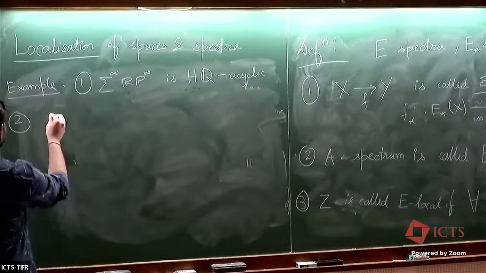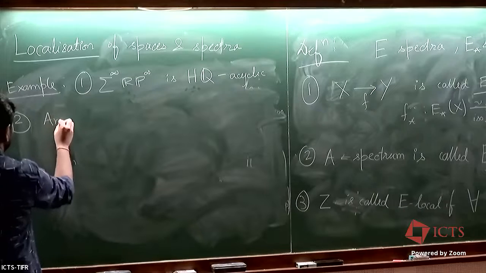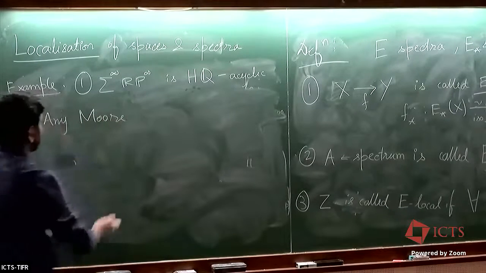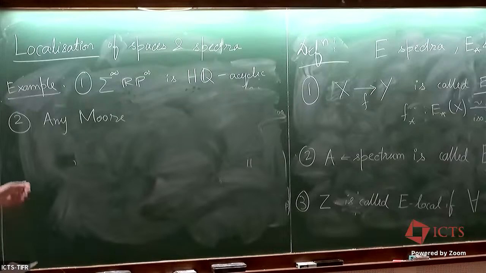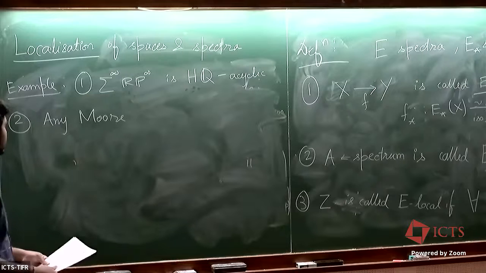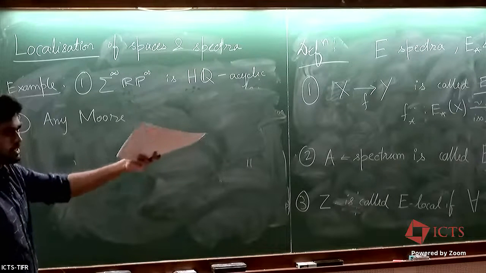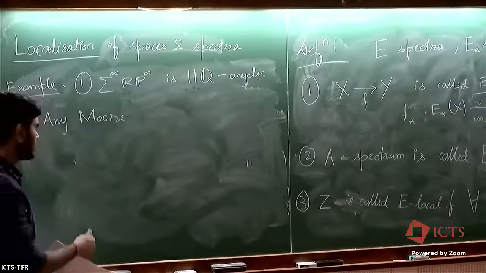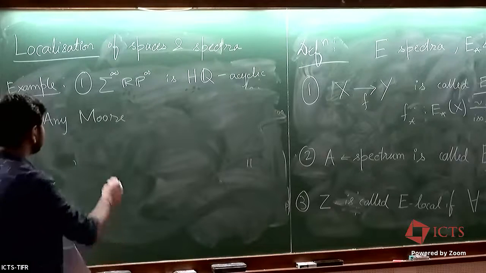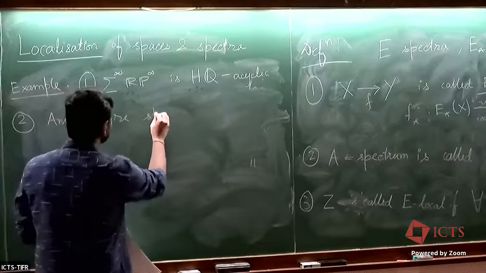Like for spaces where the homologies are concentrated in some particular degrees, there are objects in this category also, called Moore spectra, whose homologies are concentrated in particular degrees.